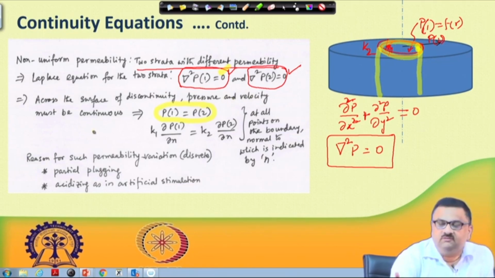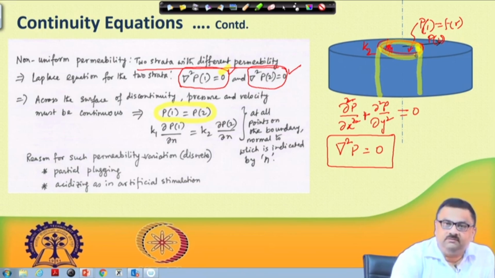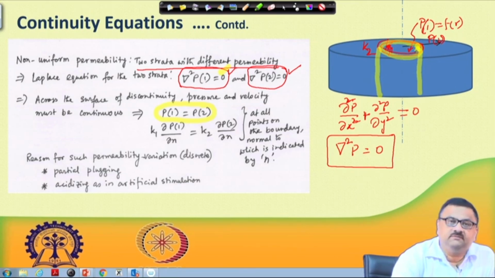That means whatever velocity is there from inside, if you come from the outside to that same point, the velocity has to be equal. One has to satisfy the continuity. Whatever flow is coming from this side and going into the other side must be equal. There is no accumulation here.